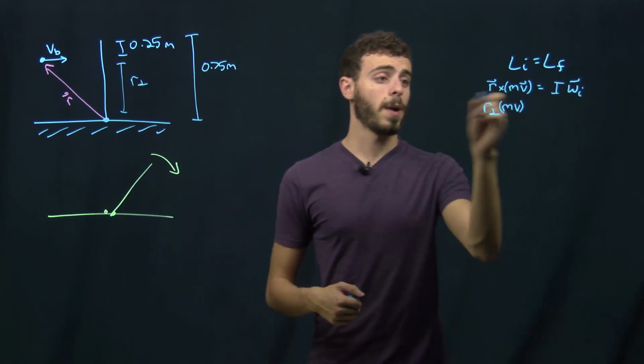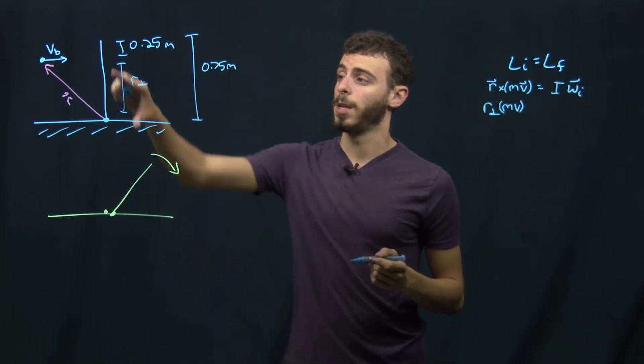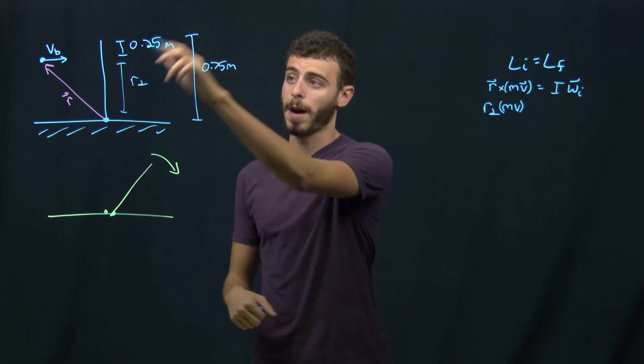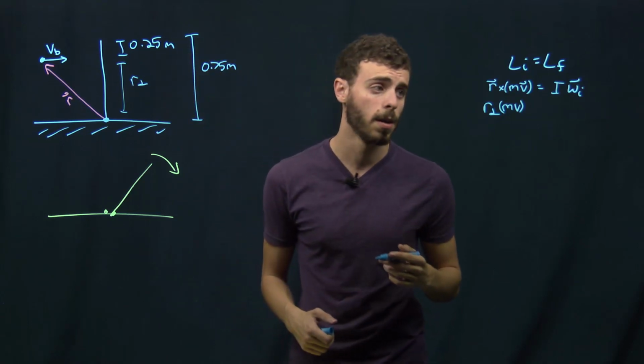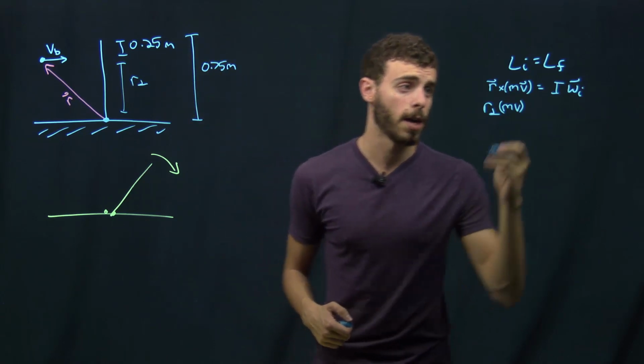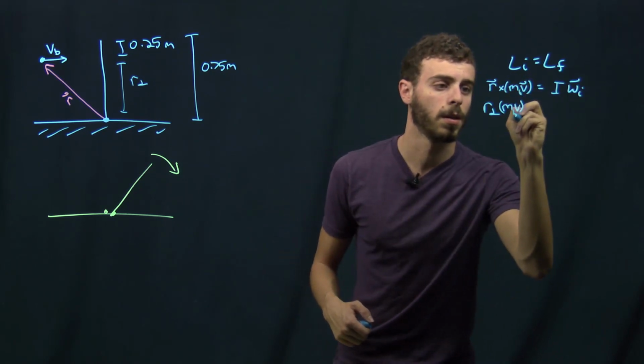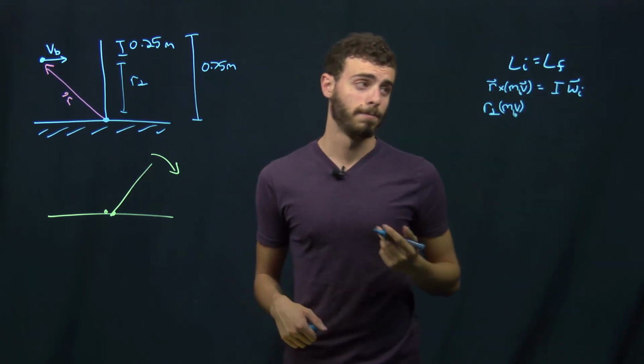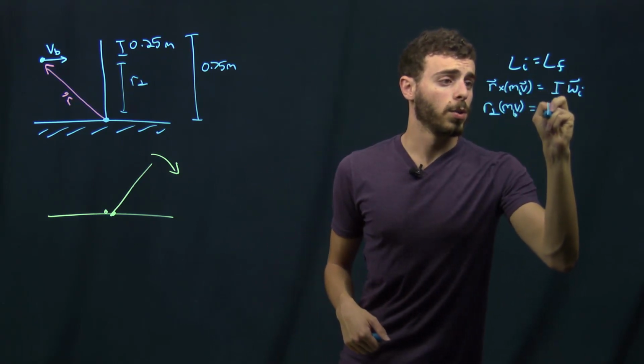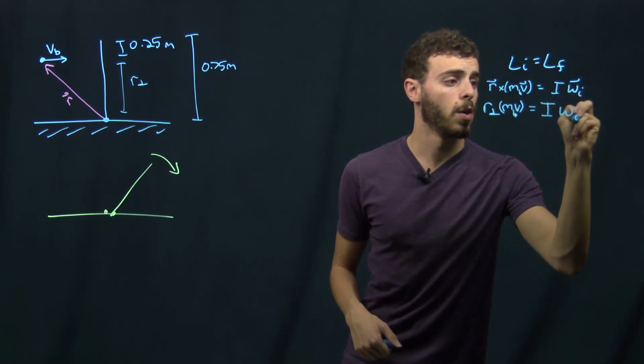Therefore, we can solve for this right away. We know our r perpendicular will be 0.5, looking at these distances here. And we know our mass and our velocity. This should be the mass of the bird, so let's be careful here. That should be m bird. So this will be equal to I times omega initial.